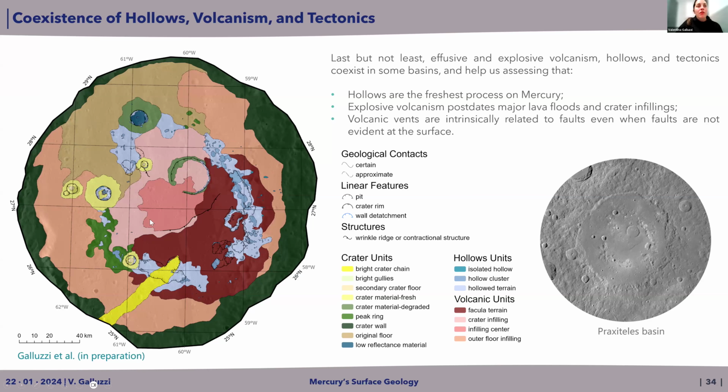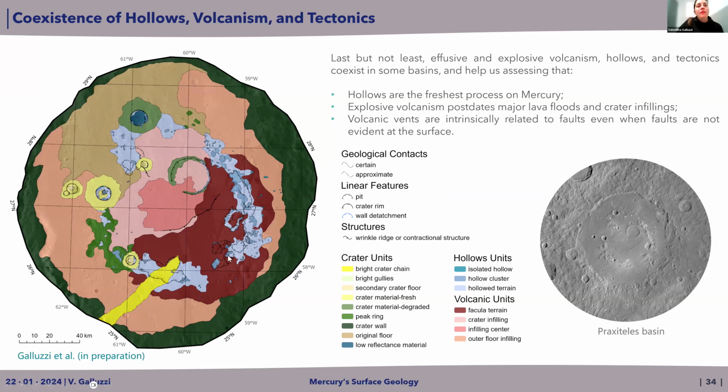And then after the volcanic infilling, which partially covered even the peak ring, we have the explosion of the faculae. These are the volcanic vents, and this red unit is the pyroclastic deposits that cover the infilling of the basin.